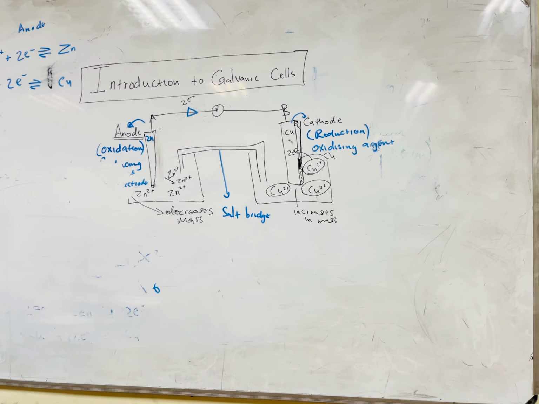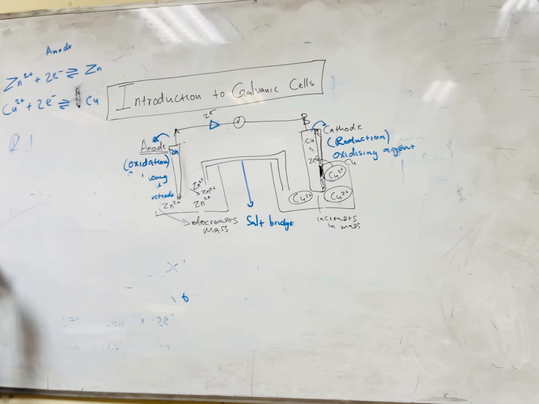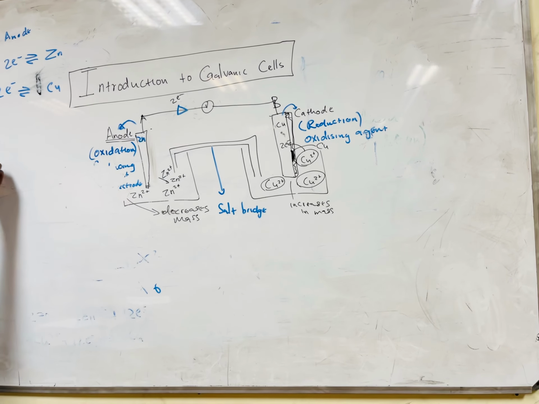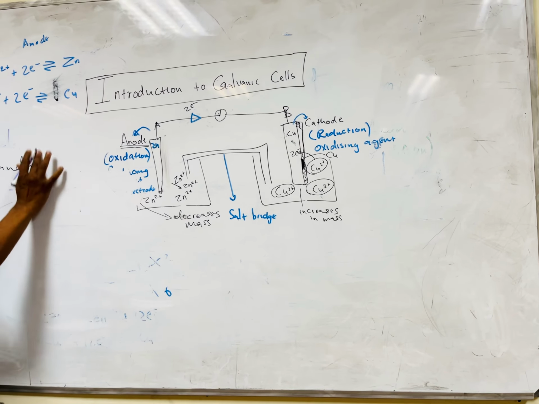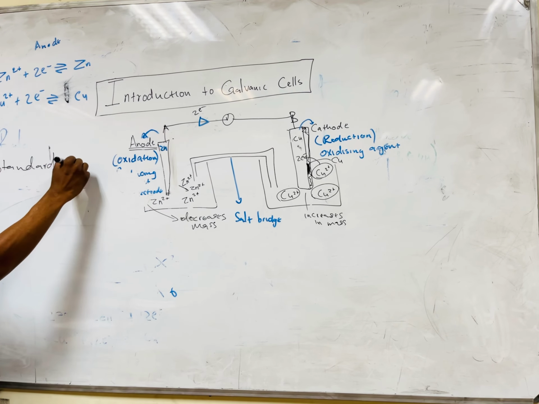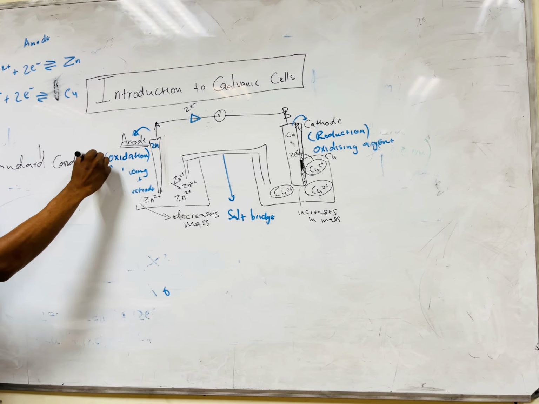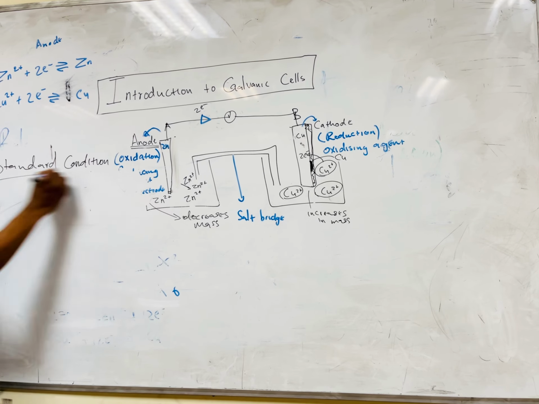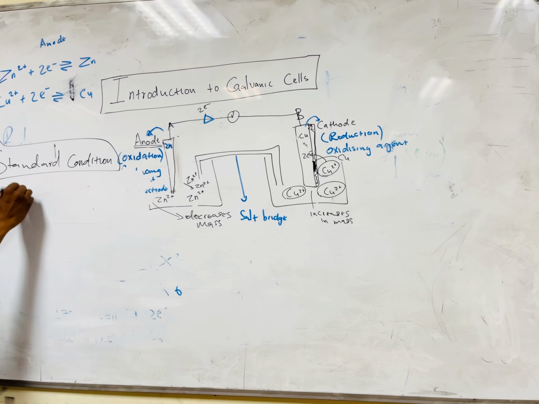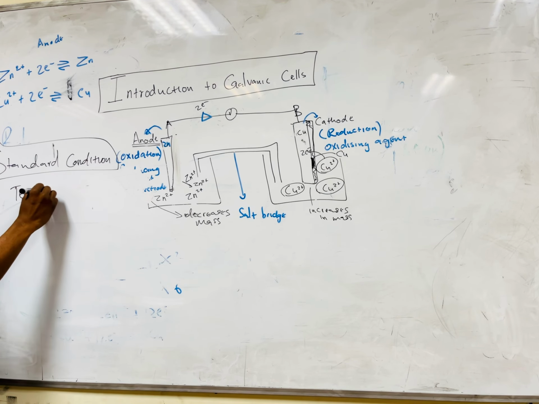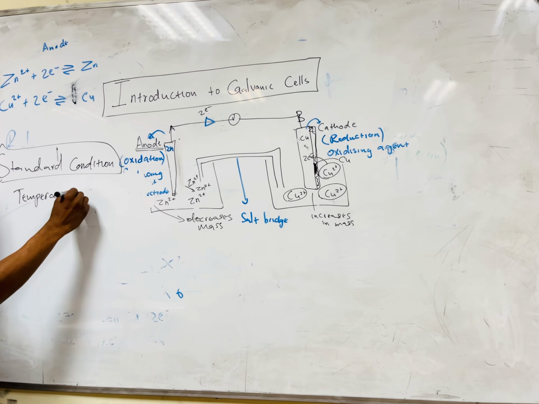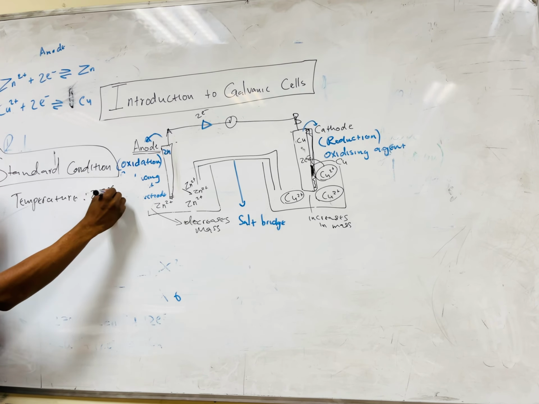Right? We move on. There are standard conditions in which the galvanic cell operates. The temperature must always be equal to 25 degrees Celsius.